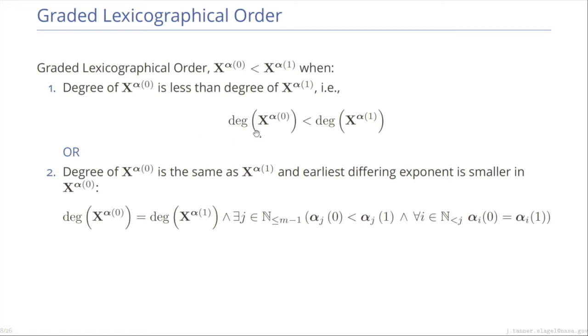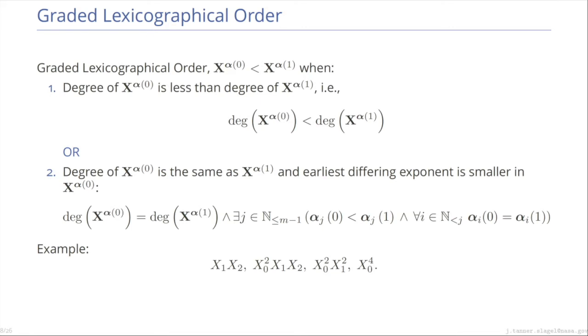The first one is that the overall degree of the first monomial is less than the overall degree of the second one. And then the second case is that the degrees of the monomials are the same, but the earliest differing exponent is smaller in the first monomial.